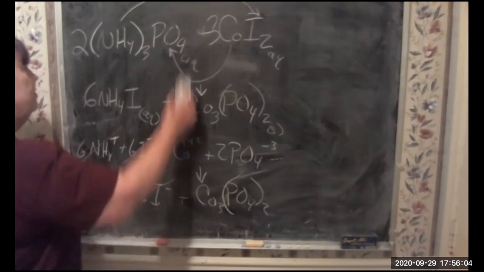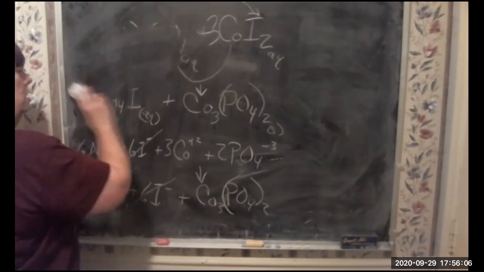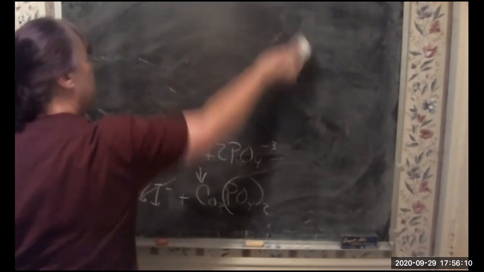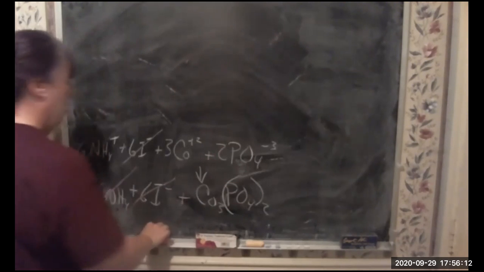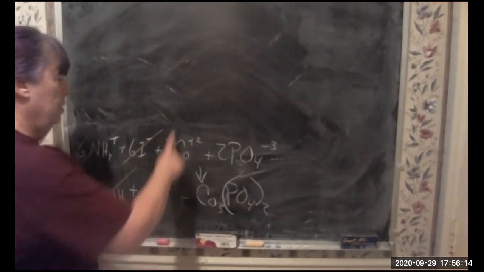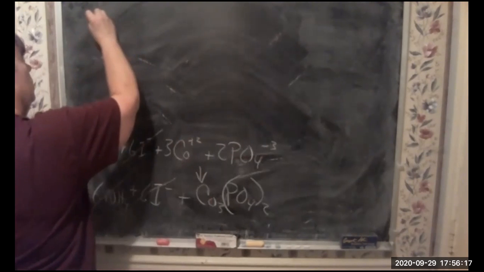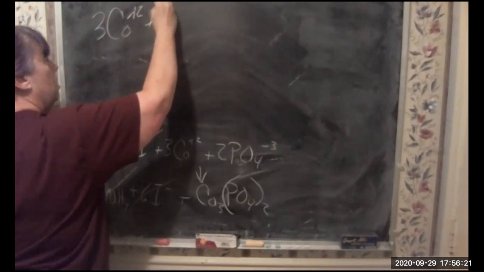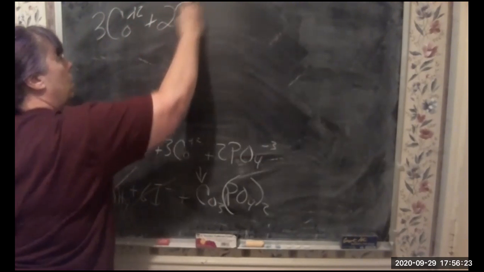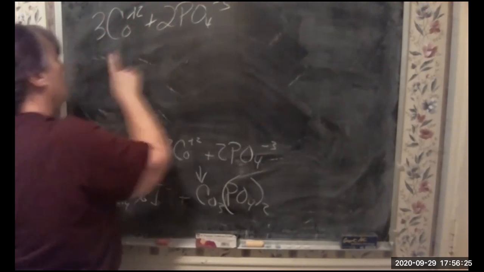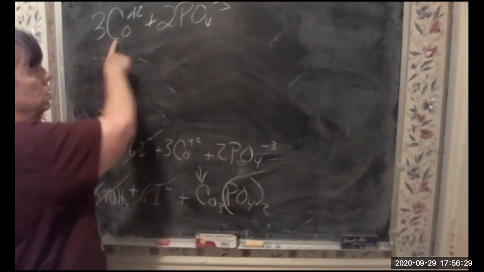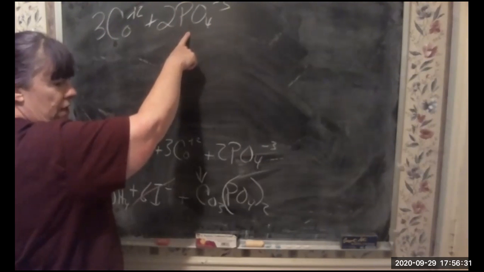So remember I said that there is a pattern to doing your net ionics. I'm going to take what's left over. So here is my net ionic. Positive thing, in this case, multiple positive things, 3 cobalts and 2 phosphates.